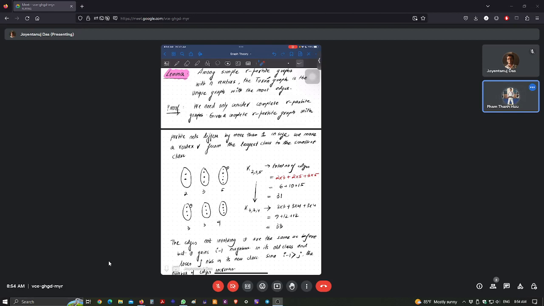Three, three, three, three. 31 to 33. The term 5 reduced to 4, and the term 2 increased to 3.